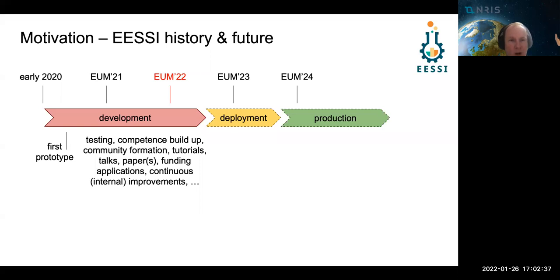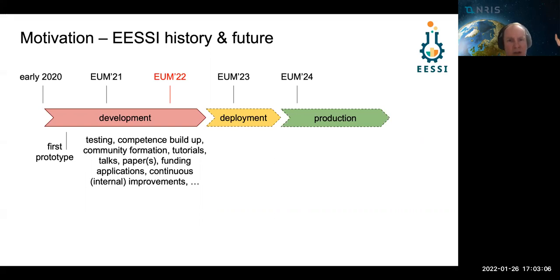And then you could ask, why does it take so long to develop this? Of course, we did a lot of testing. We needed to build up competence. It was important to build a community also. We did some tutorials, also some talks, wrote a paper, applied for funding, and of course, in all this time, there was a lot of internal improvement.